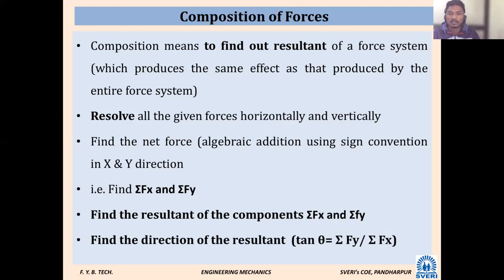If we want to show a force, there are two methods: either by its sign, or by an arrow. Suppose a force of minus 20 Newton. The same force we can show by an arrow also.